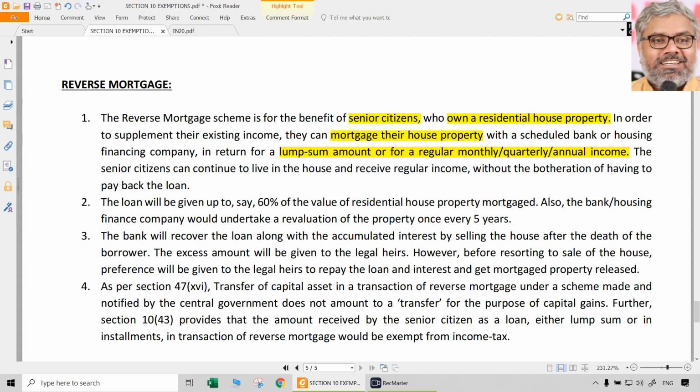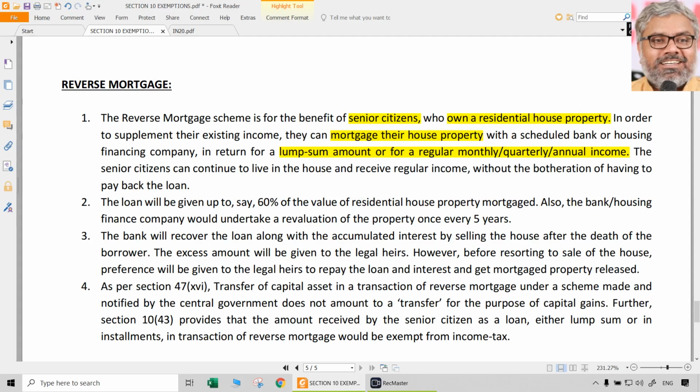Is that income? Actually not. It's a kind of loan only, disbursed monthly. But why is it called reverse mortgage? In a mortgage, you pay EMIs to the bank. But in this reverse mortgage, the bank is giving you EMIs, you meaning the senior citizen. So whoever is a senior citizen, he would already have a residential house property, and he has mortgaged his house property with the bank.